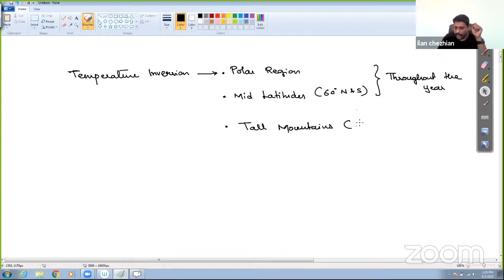Air drainage facilitates temperature inversion.